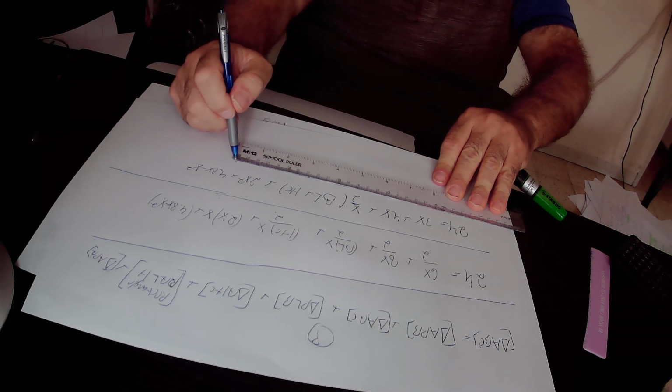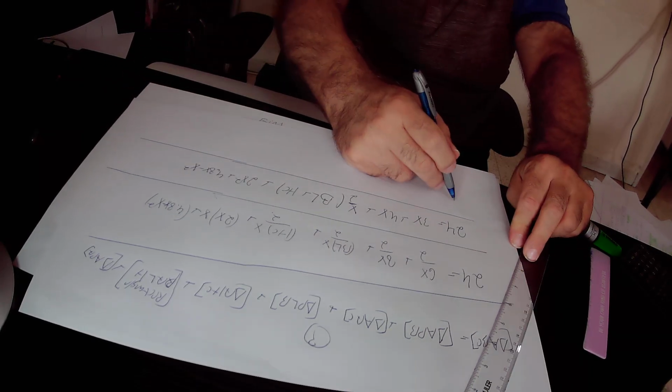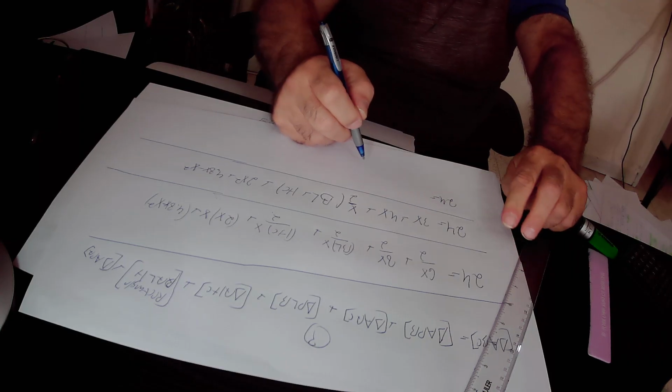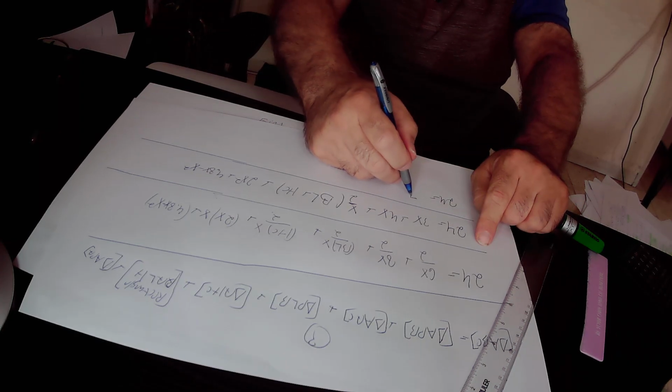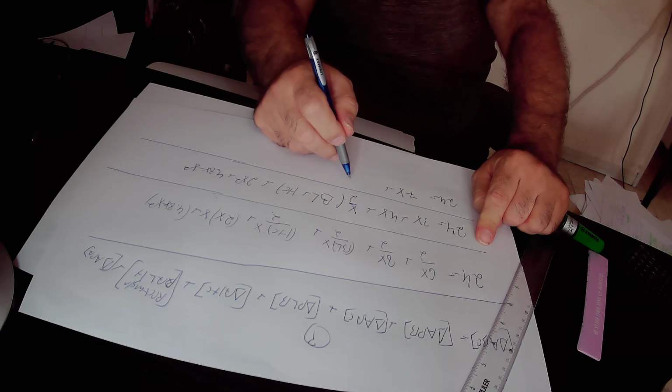So 24 equals 3x plus 4x, which is 7x, and we have here x over 2.